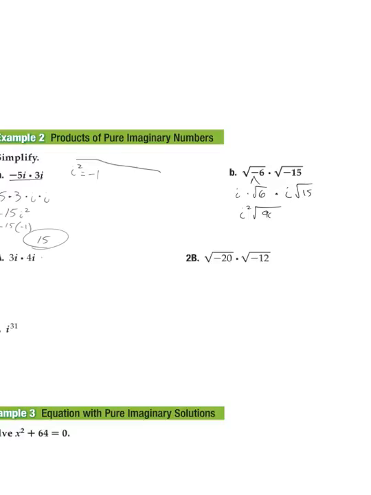We get 90. Simplifying the square root of 90, we go square root of 9 times square root of 10, so this is 3 radical 10. So this is 3i squared radical 10. With i squared being negative 1, this is just negative 3 radical 10.